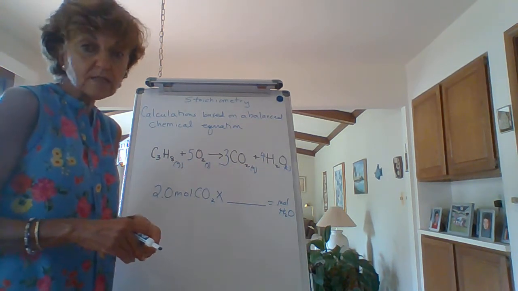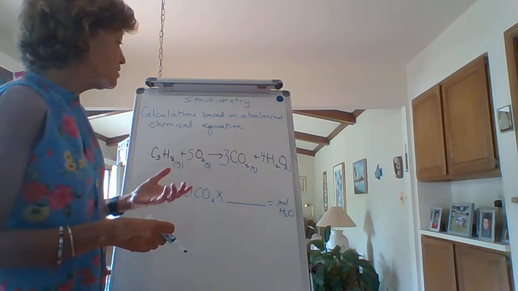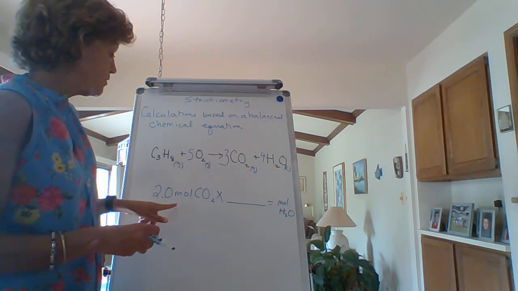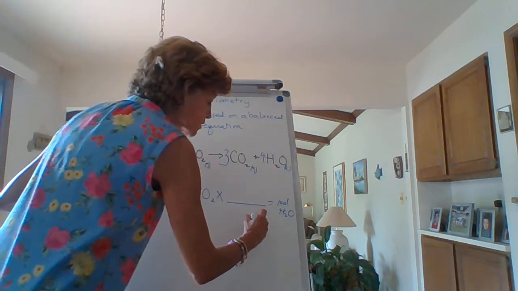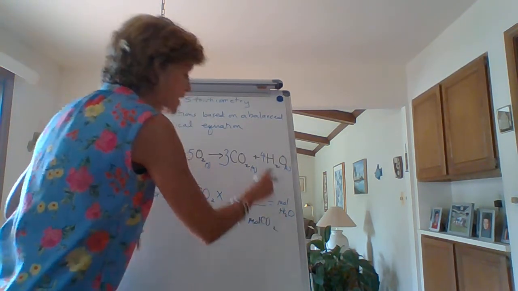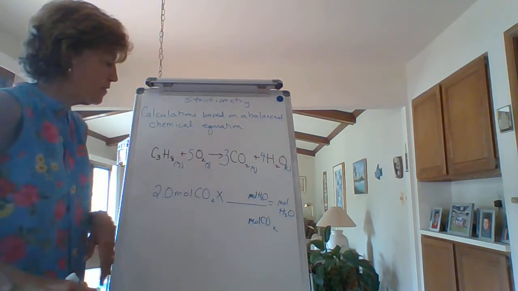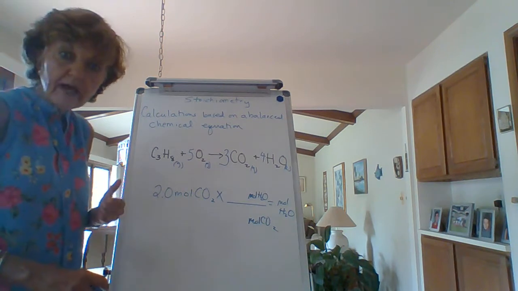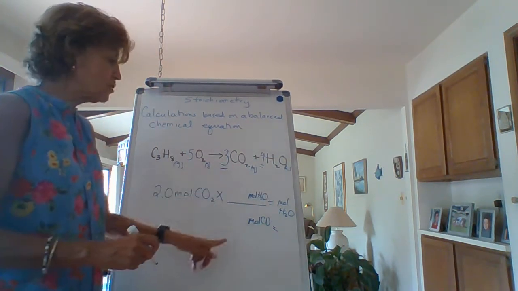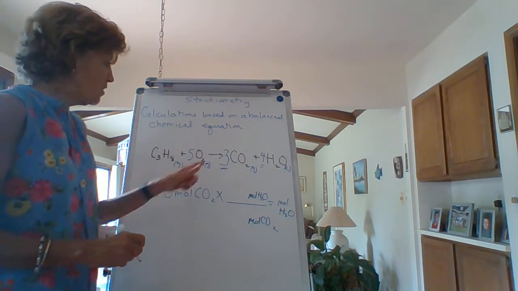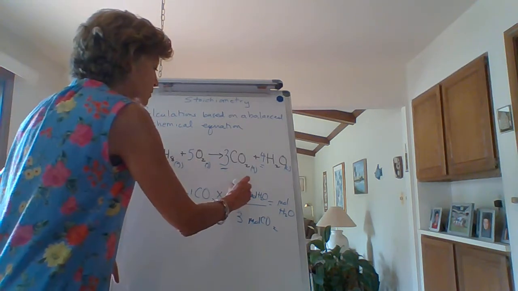Knowing dimensional analysis, and we're going to use dimensional analysis over and over again, in order to cancel out moles of CO2, you're going to need to put moles of CO2 down here. And to end up with moles of water, you need to put moles of water up here. So now all we have to do is put the coefficients from the balanced equation in the molar ratio. So in front of CO2, you put a 3, and in front of H2O, you put a 4.